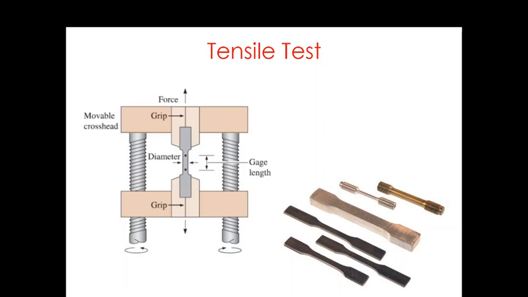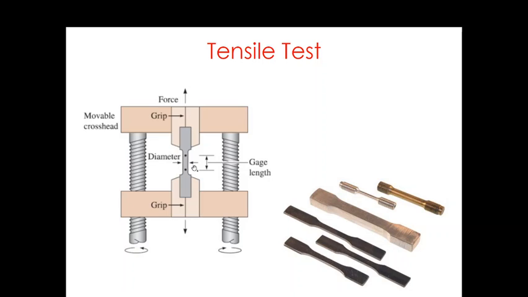And at one particular point the sample breaks into two pieces. After breaking, join the two pieces together and find the distance between these two marks. Obviously, after fracture, the distance between these two marks has increased by some percentage. That we call the final gauge length.